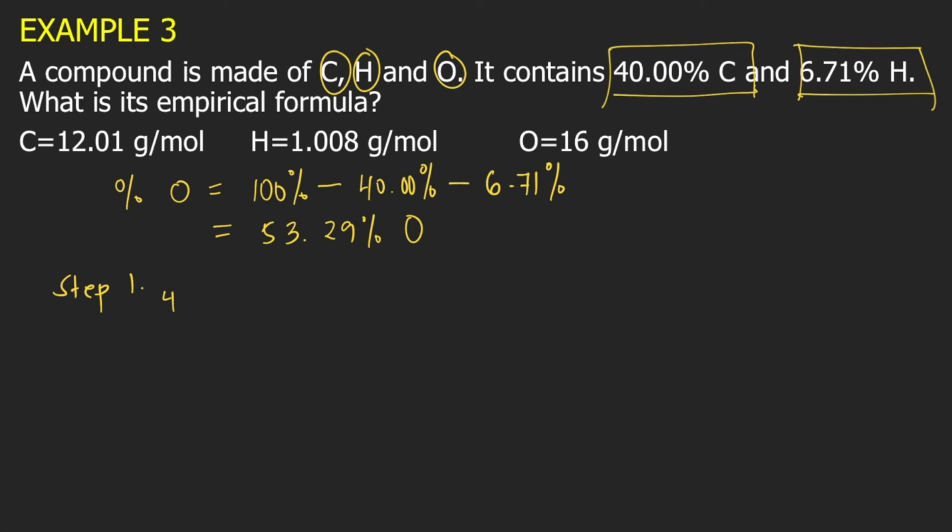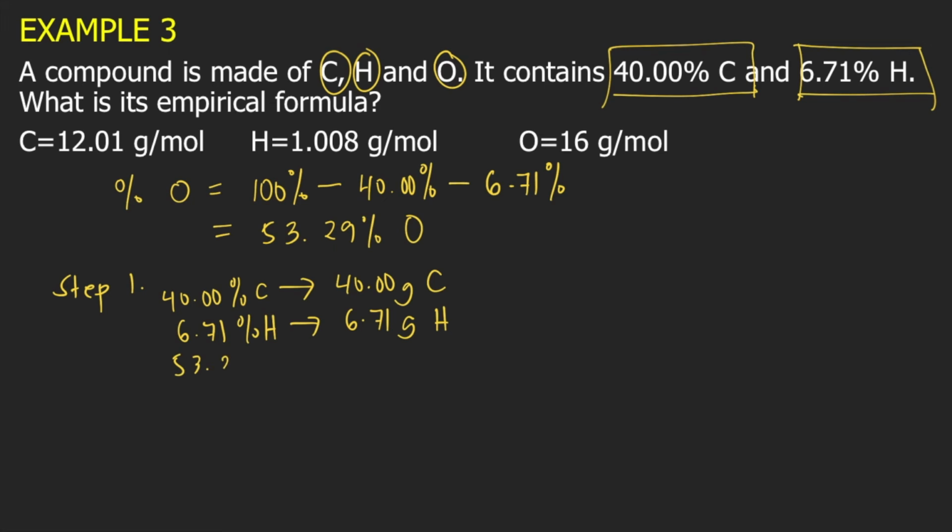So 40% of carbon is just 40 grams of carbon. 6.71% of hydrogen is just 6.71 grams of hydrogen. 53.29% of oxygen, which we just solved, is 53.29 grams of oxygen.